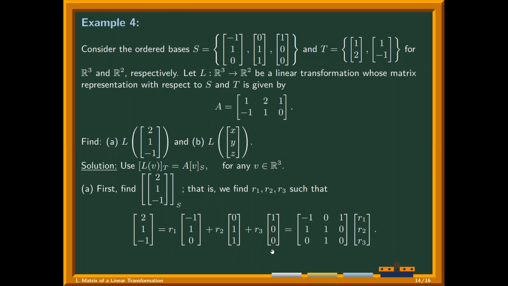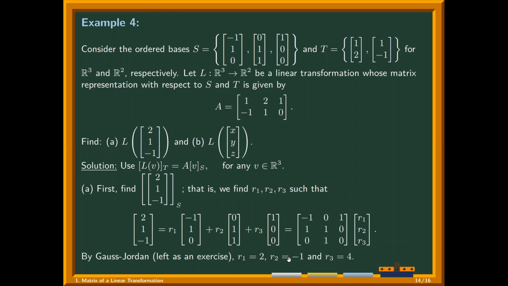But of course, this linear combination can be written as a matrix product. So we solve this system by Gauss-Jordan. I will leave the details as an exercise. You can find that r1 is equal to 2, r2 equals -1, and r3 equals 4.